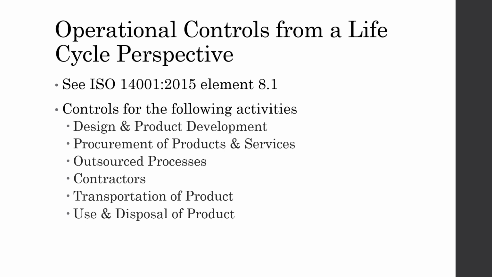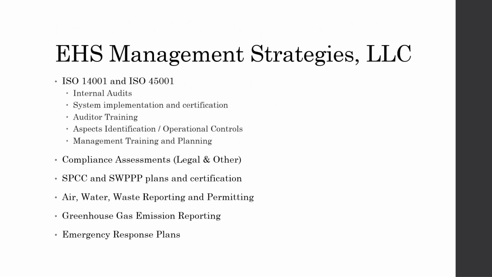And again, those are the only two sections of the standard that mention life cycle perspective. So yes, I'm hoping that this is the final word on what it means to identify aspects from a life cycle perspective. I hope that this explanation helps you to understand the requirements of the standard, to understand what it is that the International Organization for Standardization, ISO, is wanting organizations to do.